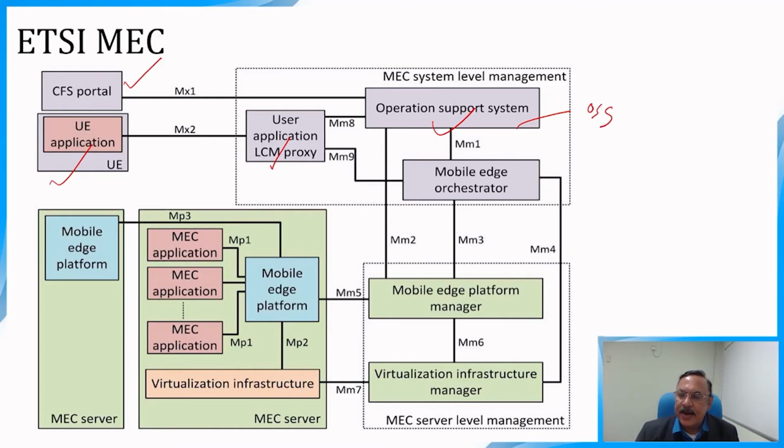So, the OSS decides if the requests are granted or not. The granted requests are forwarded to the mobile edge orchestrator. Here you can see.